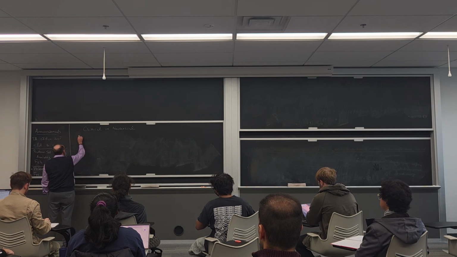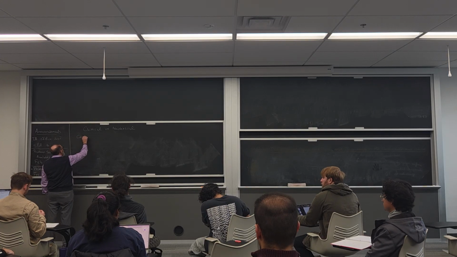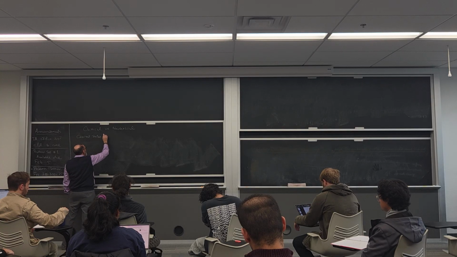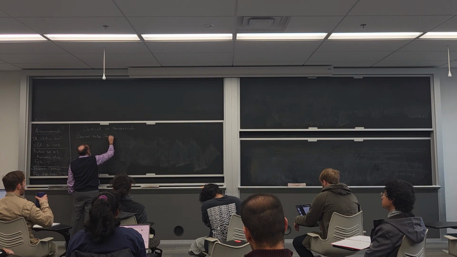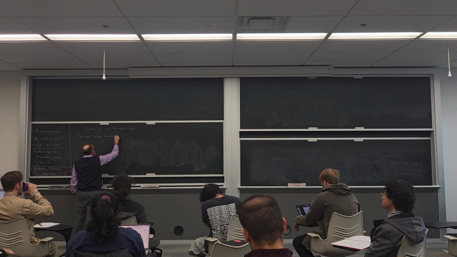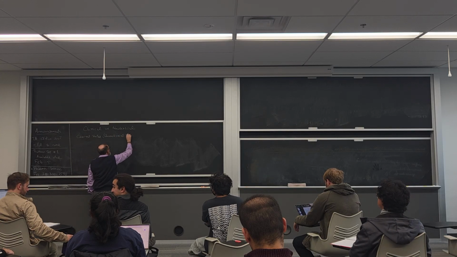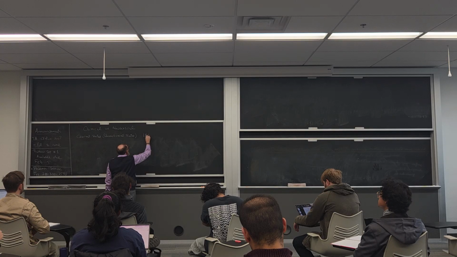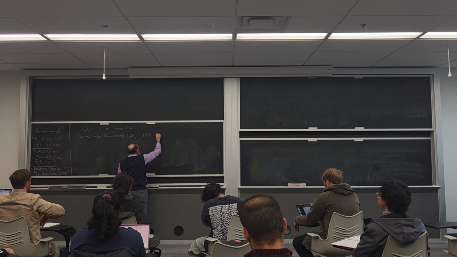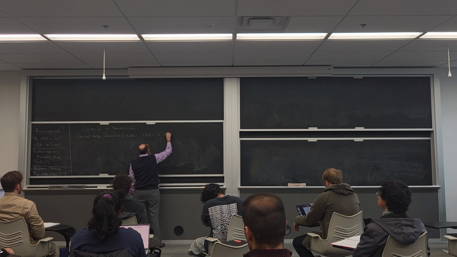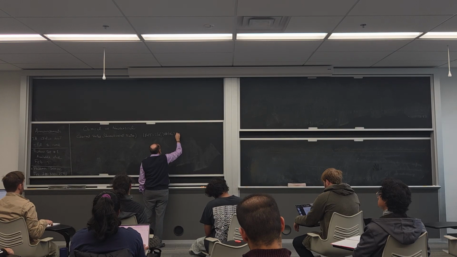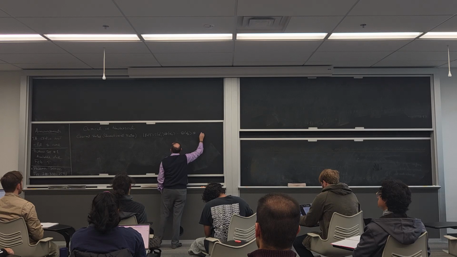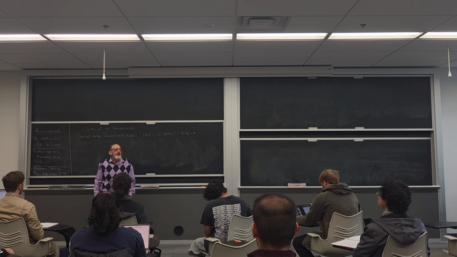So we have coherent states, which we also call quasi-classical states of the quantum field, which I'm writing like this, which is a tensor product of coherent states in every mode, whatever mode decomposition, okay?